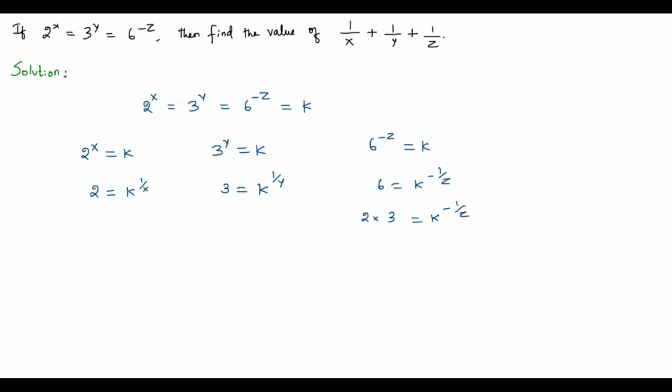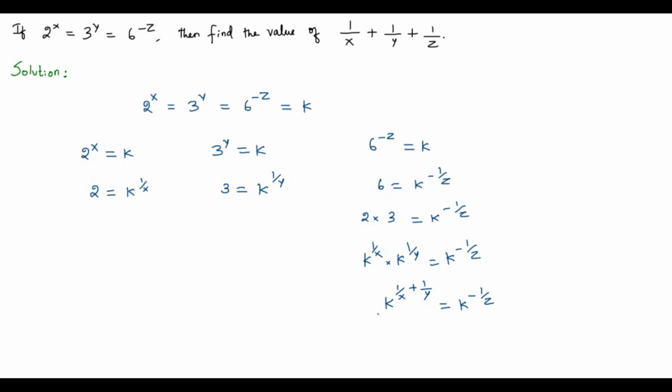So k to the power of 1 by x times k to the power of 1 by y is equal to k to the power of minus 1 by z. So here we multiply two terms with the same base. So now we can take the base once, and we can add the exponents. k to the power of 1 by x plus 1 by y is equal to k to the power of minus 1 by z.